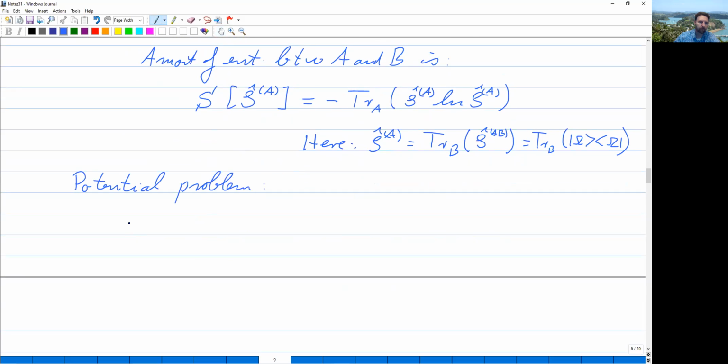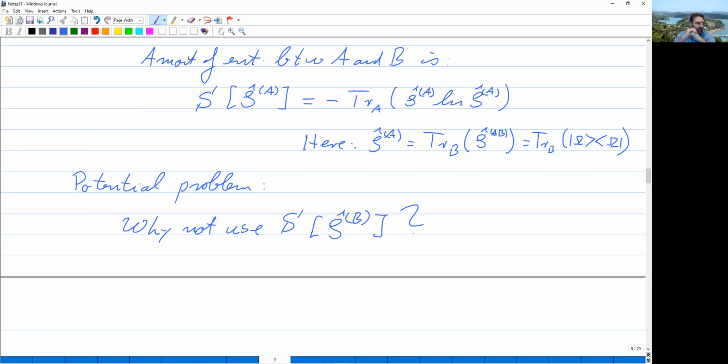Potential problem. Why not use the von Neumann entropy of subsystem B? Shouldn't this thing be democratic?